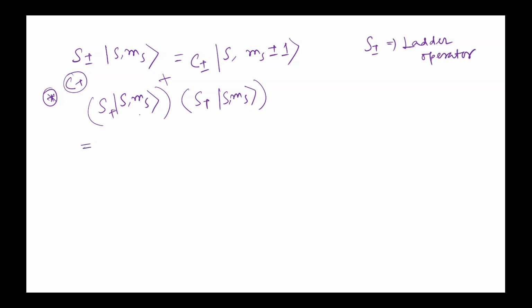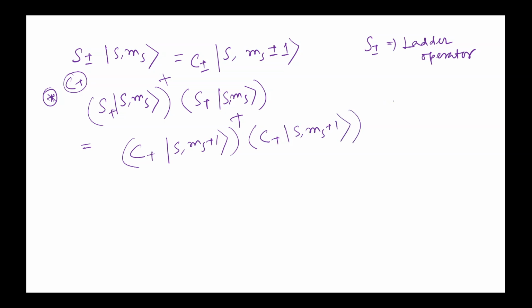So now what will you get? This will give you C plus star, and the dagger also, when this operates on this. So let me write it this way: you have <S, ms plus 1| dagger, and here you have C plus |S, ms plus 1>.